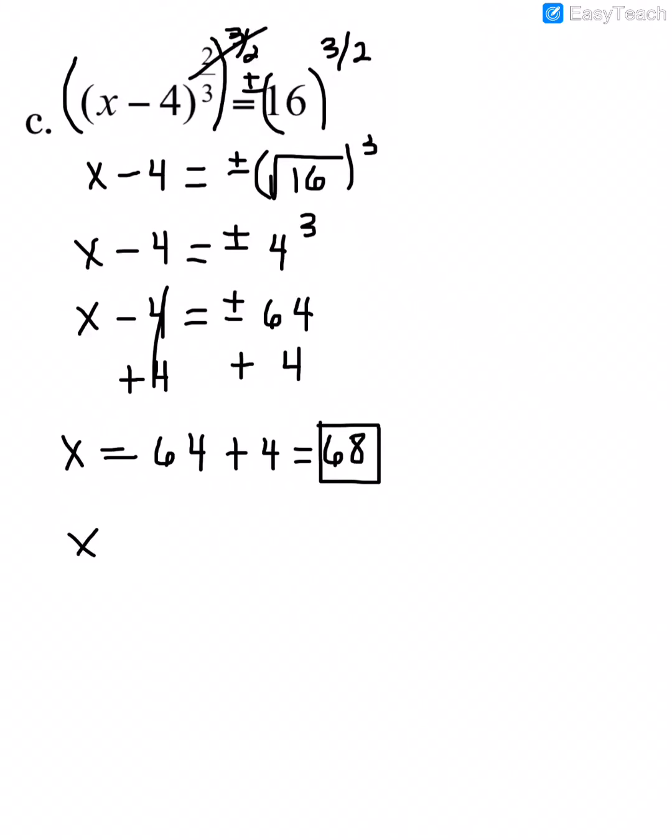But if I have a negative 64 and I add 4, that gives me negative 60. So make sure if the plus or minus is not just in front of your solution, and you have to take another step, you separate that and work it out with the positive number and with the negative number, because it gives you two totally different solutions, a positive 68 and a negative 60.